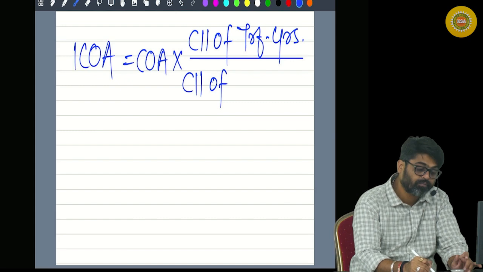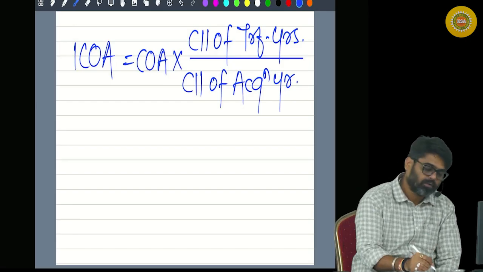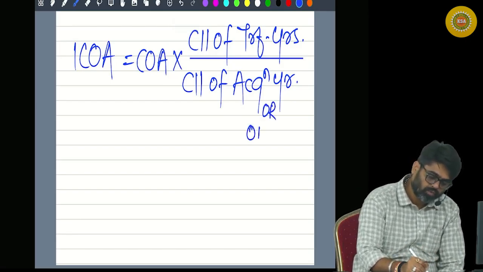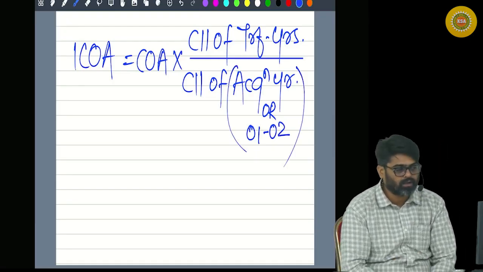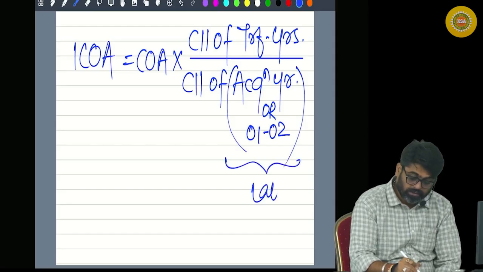Divide by CII of acquisition year or 2001-2, whichever is later.